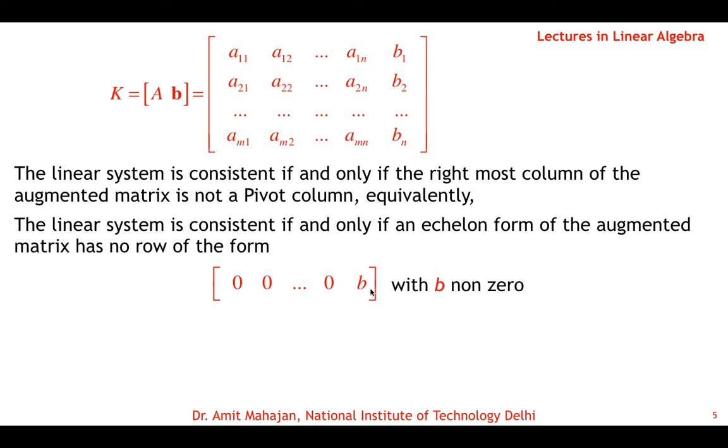If this happens, then the system is inconsistent, or the last column becomes a pivot column and we will not have any solution, because each row represents an equation. The last element is the right hand side of the equation and the other elements are the left hand side, the coefficients of x1, x2, and so on to xn. If these are 0, then the left hand side of the equation is 0 and the right hand side becomes non-zero, which is not possible, so the system has to be inconsistent in that case.